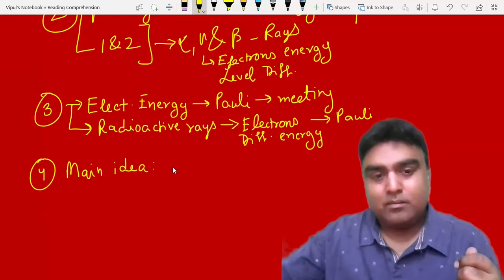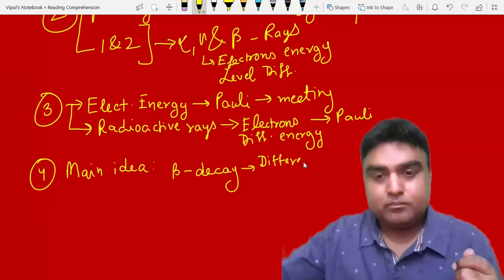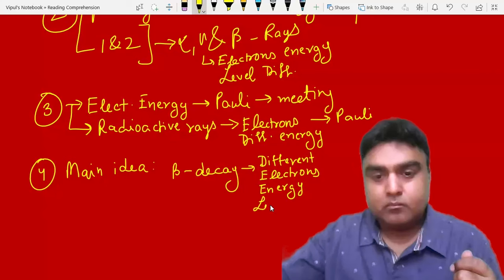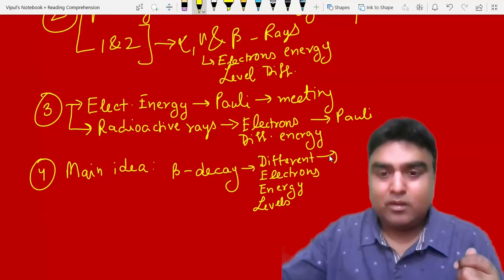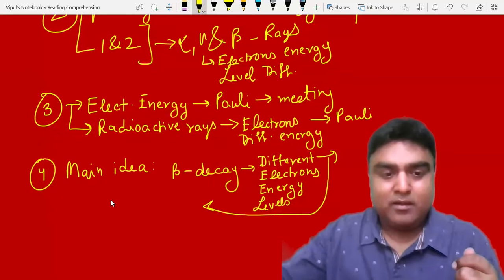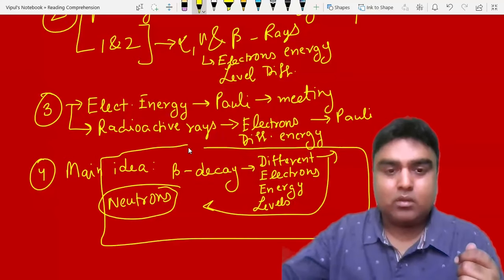You may write beta decay, different energy levels, electrons, and how they solve the whole thing by the introduction of a particle which is neutron. So this is the main idea of the total thing.